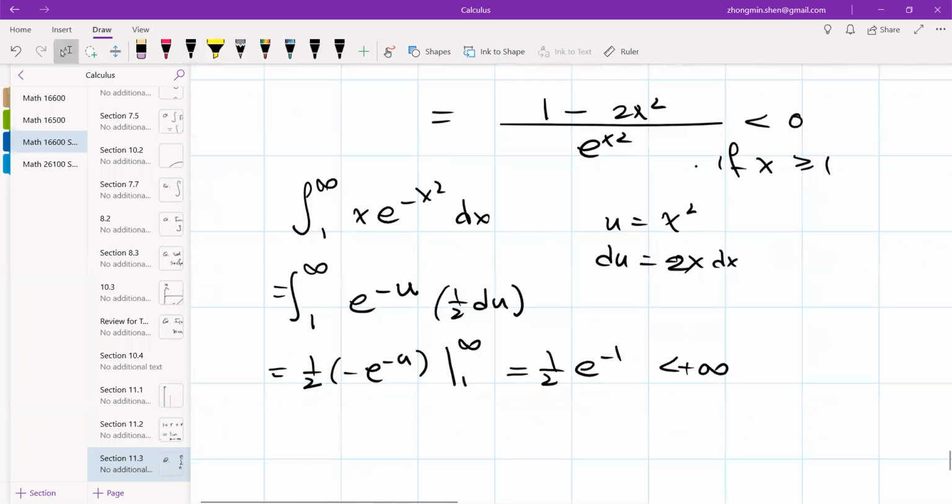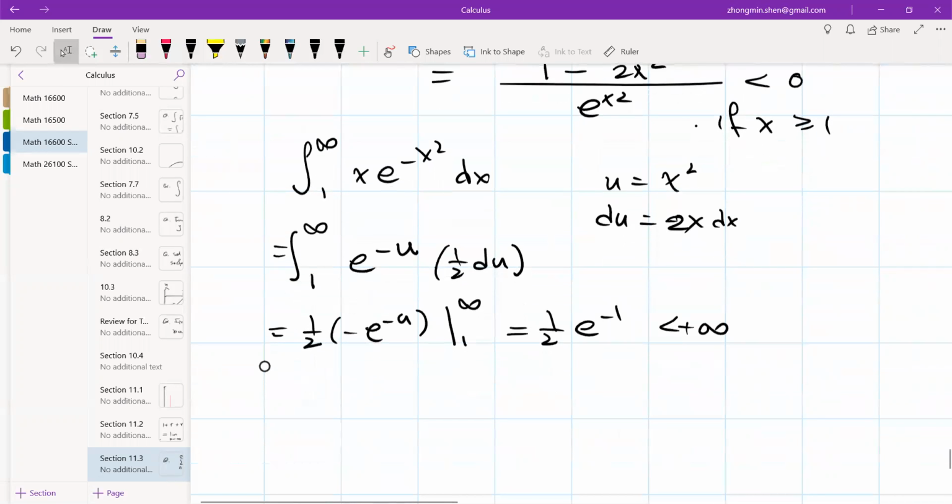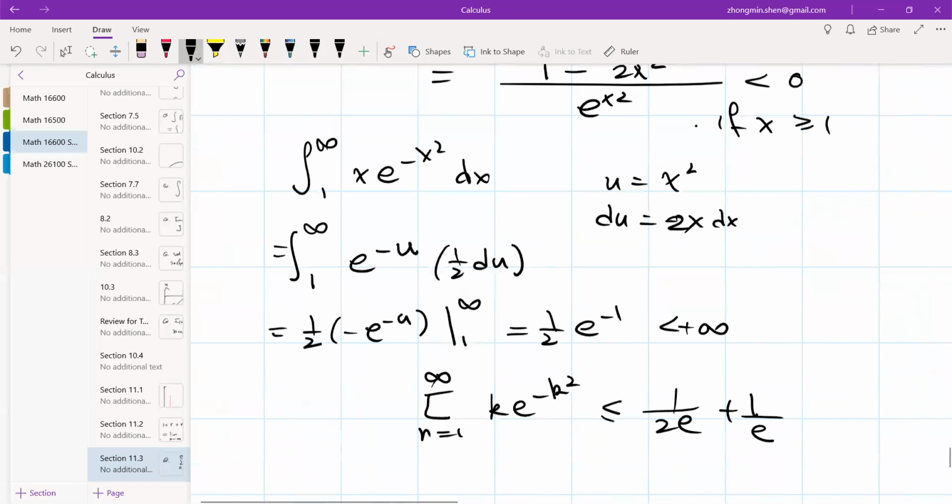So then not only is it finite, I also get the value of the integral. Not only can you prove it's convergent, you can estimate: when k equals 1, the first term is 1 over e.